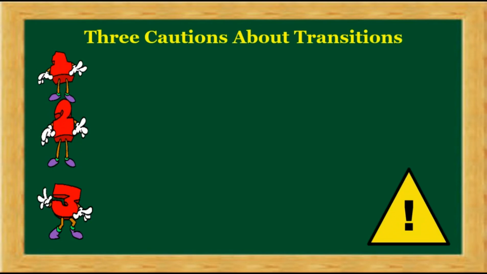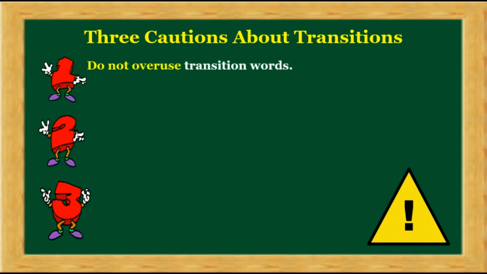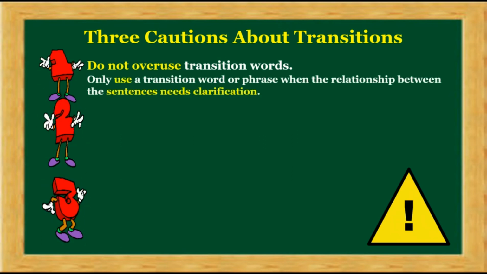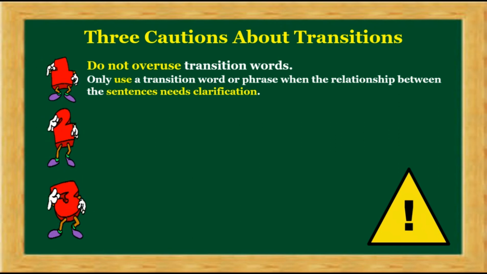As a final note, here are three cautions about transitions. Number 1, do not overuse transition words. Only use a transition word or phrase when the relationship between the sentences needs clarification.